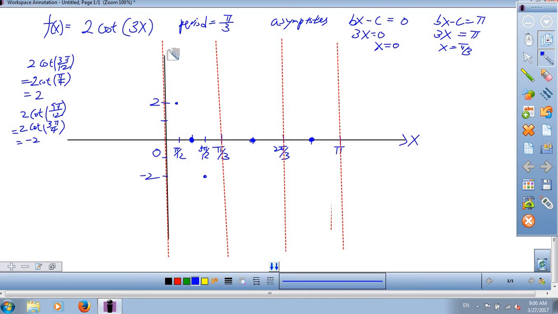Now we know this graph will look like this, and it will be the same thing for the second period, and the same thing for the last period here.